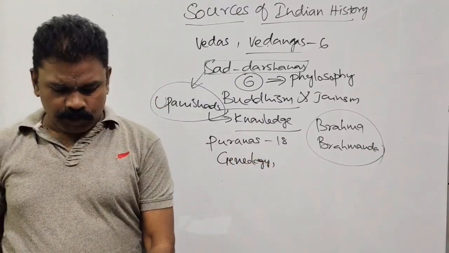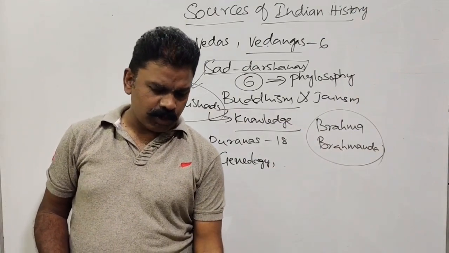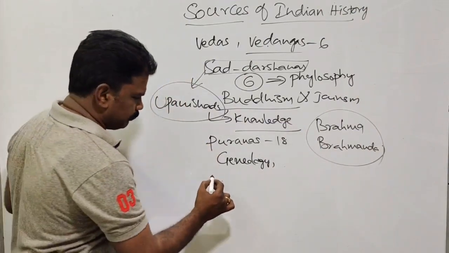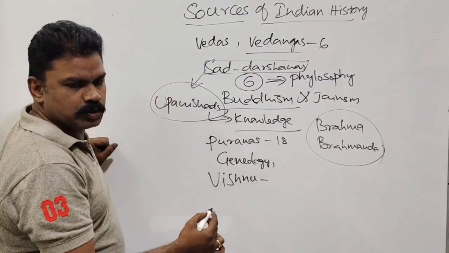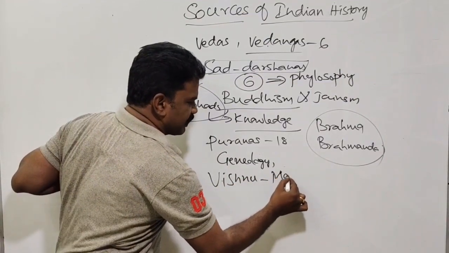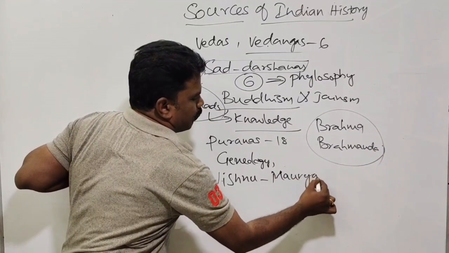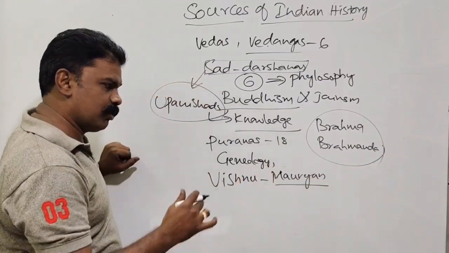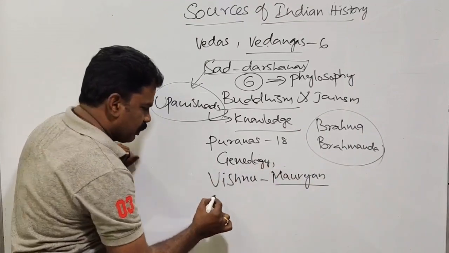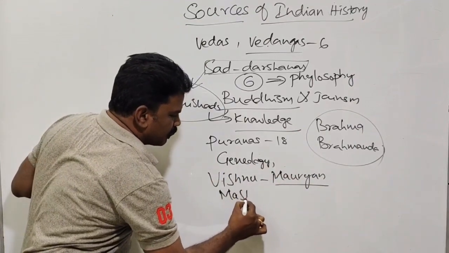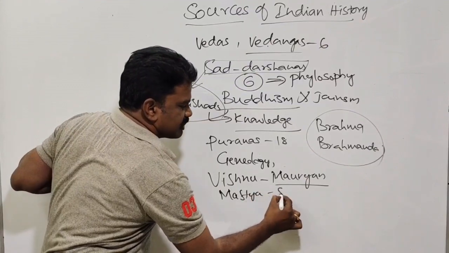For example, if you take the information of the Puranas, Vishnu Purana speaks about the Mauryan philosophical system, Mauryan administrative system, and throws light on the Mauryans. Matsya Purana throws light on the Satavahanas.